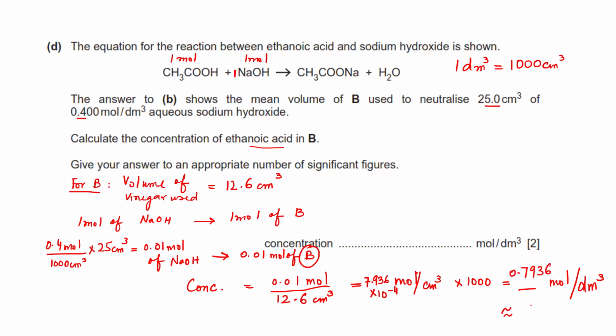We'll approximate it as 0.794, or you can also call it 0.8 mole per dm cube. So 0.794, or you can write 0.8 mole per dm cube, will be your required answer.